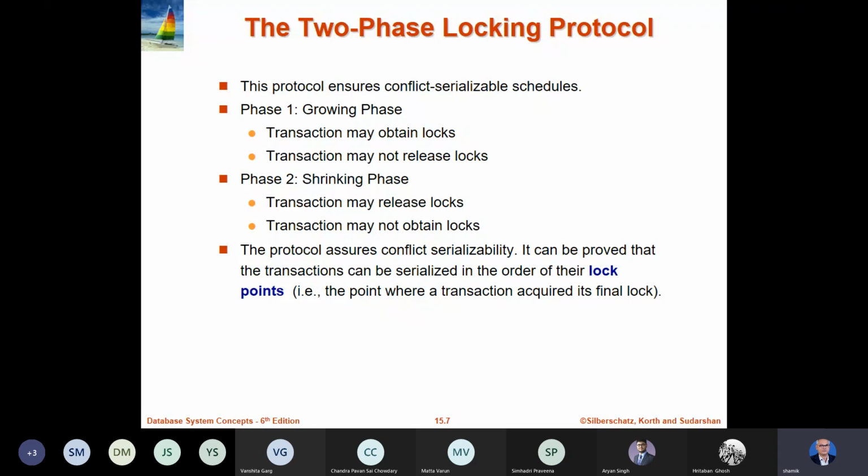And 2PL ensures generation of conflict serializable schedules only. And by definition, as we said, conflict serializable schedules are also view serializable.